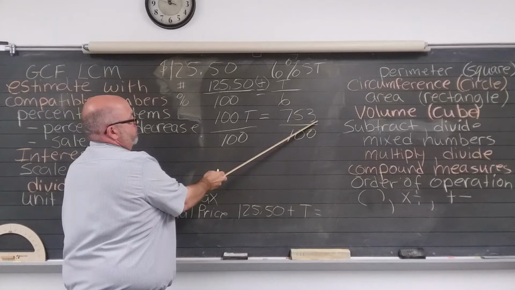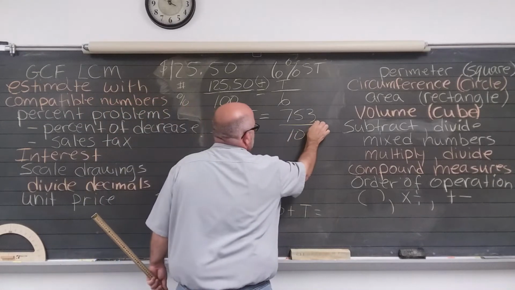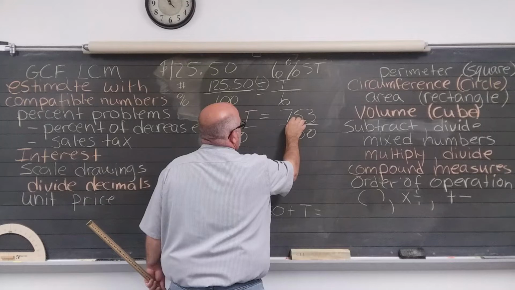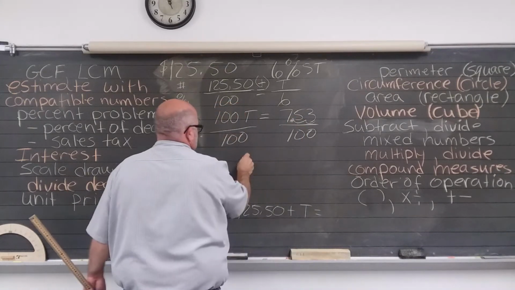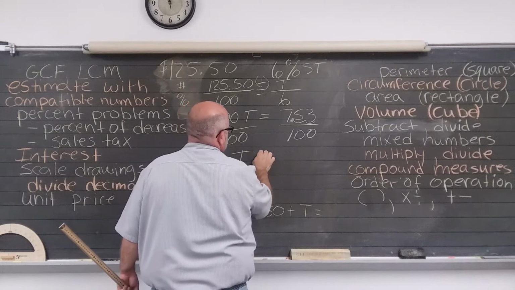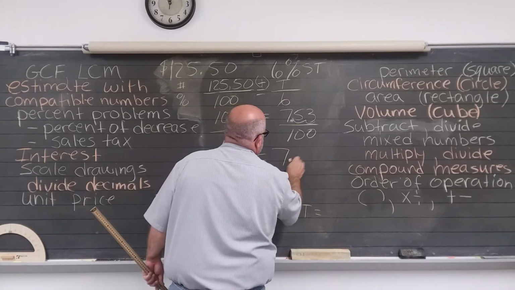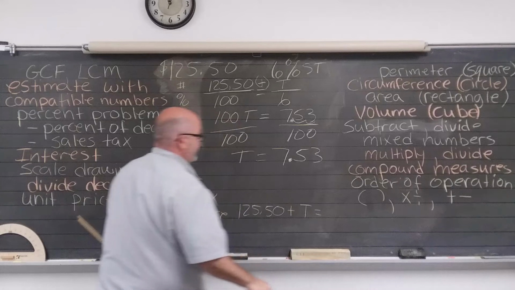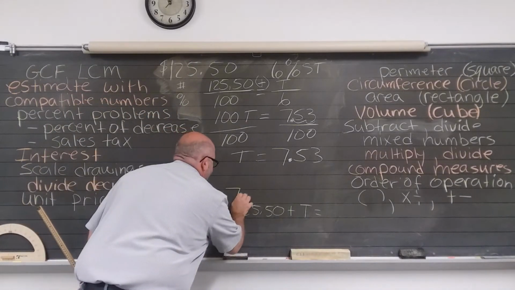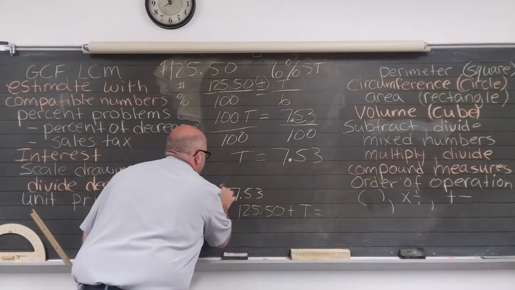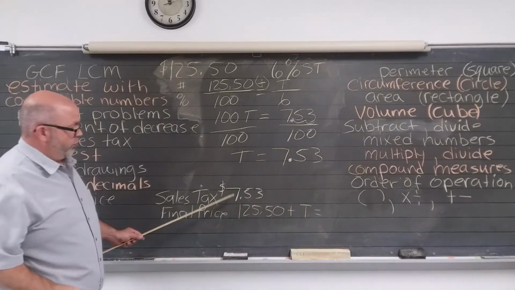You divide by 100, it simply moves in two places. So T, your tax, is 7.53. That's dollars. Make sure that you have dollars. $7.53, right? That's one answer.